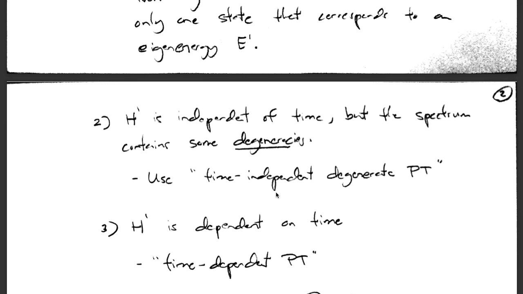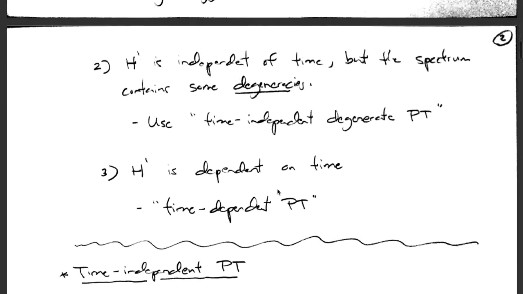Okay, and then the final topic that we'll cover in perturbation theory is time-dependent perturbation theory. That's where you have a Hamiltonian that depends on time, and the time dependence is contained in your perturbation. And so we'll see plenty of examples of that.